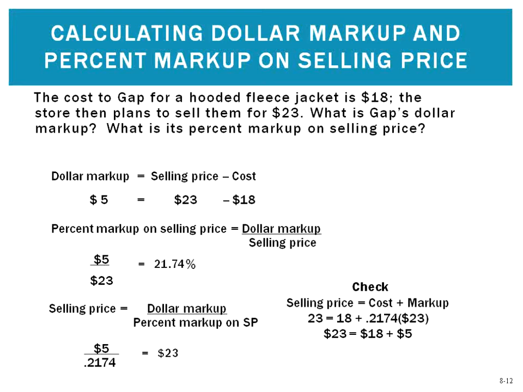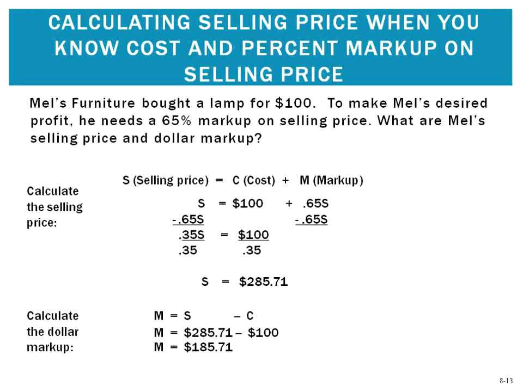Remember, in a calculation, convert percent to decimal, which is 0.2174 times, what are we based on? Are we based on selling price or cost? We're based on selling price. So it's times 23. So 0.2174 times 23 is equal to 5. So 23 is equal to 18 plus 5. It does equal out, so our answer is correct.